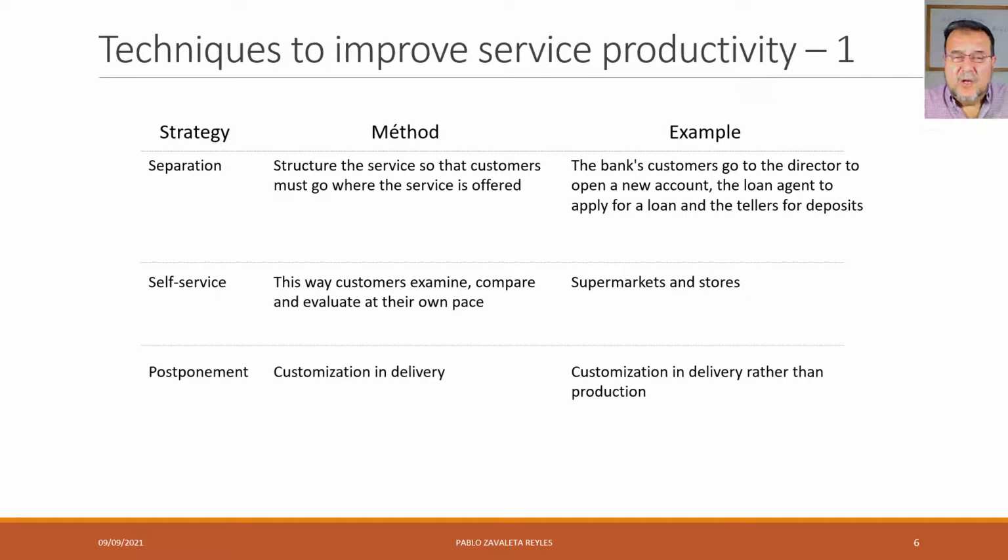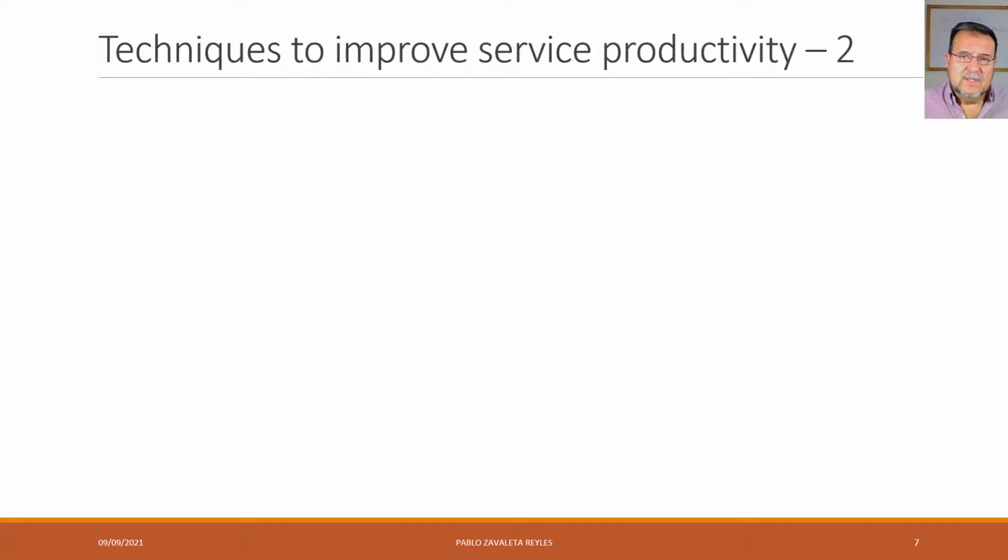Then we have postponement. How does postponement work? We customize at the point of delivery rather than in production. Hamburgers are a good example of this. Focus: we just restrict ourselves to certain areas. For example, instead of having 1,000 items on the menu, we just restrict ourselves to hamburgers, to tacos, to whatever. That allows us to reduce the costs and increase the value for our customers.